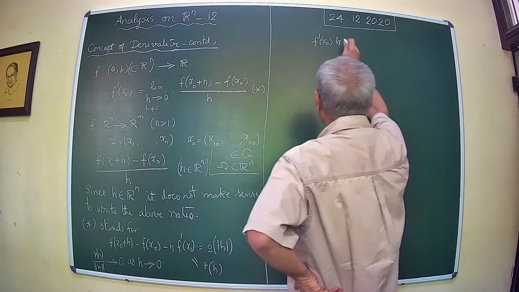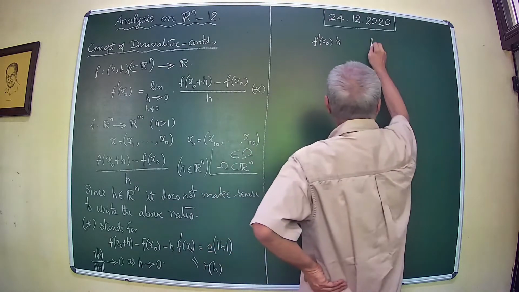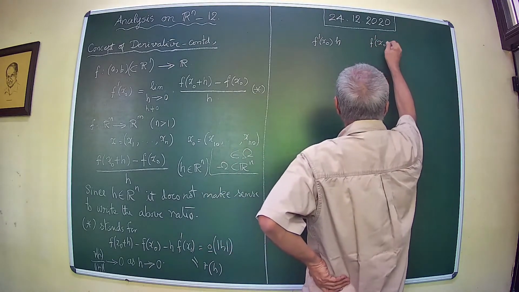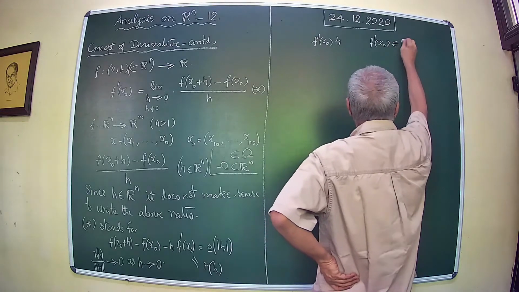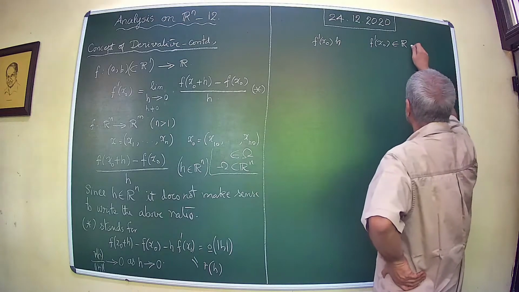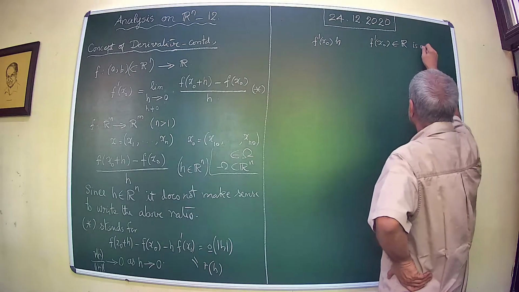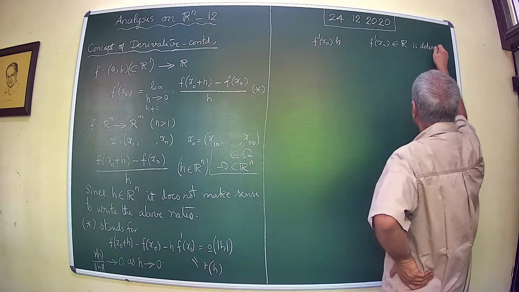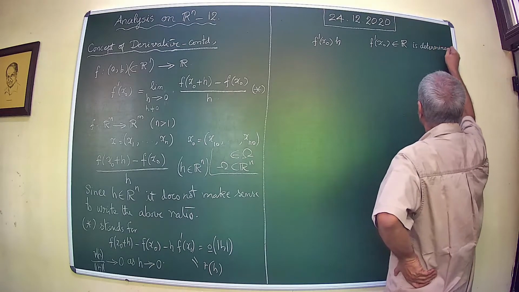Now you see that f prime x naught is a fixed number. This is determined.